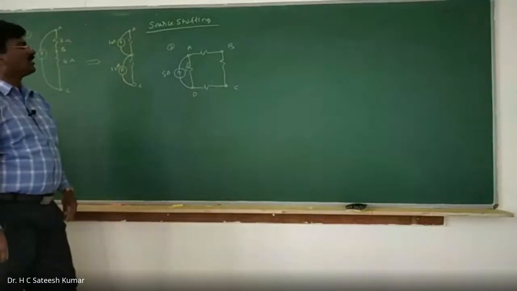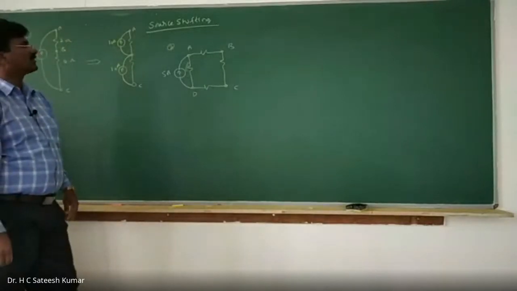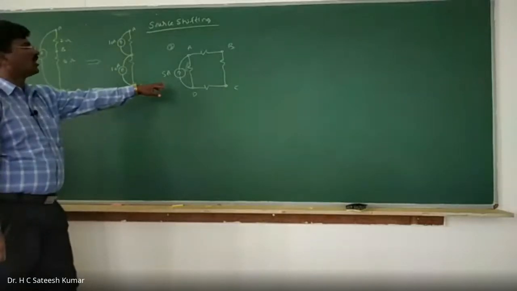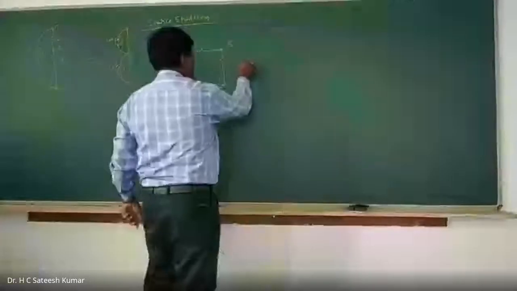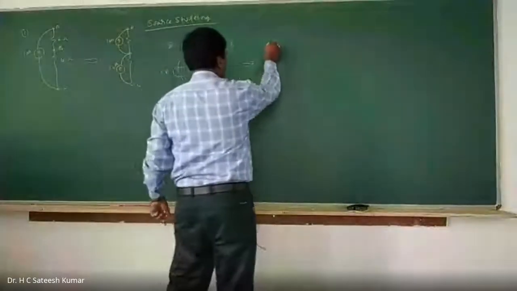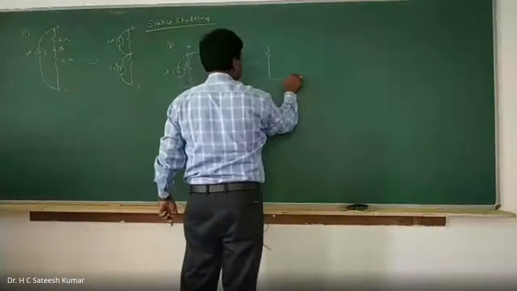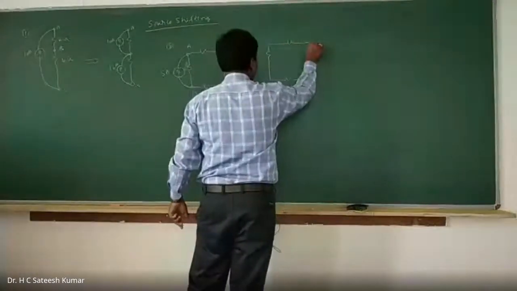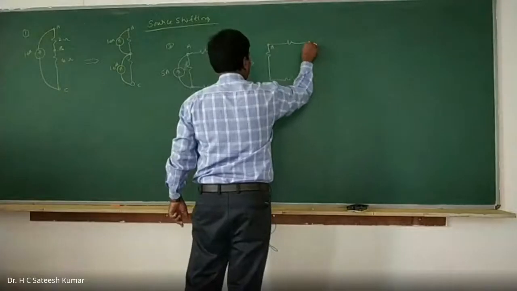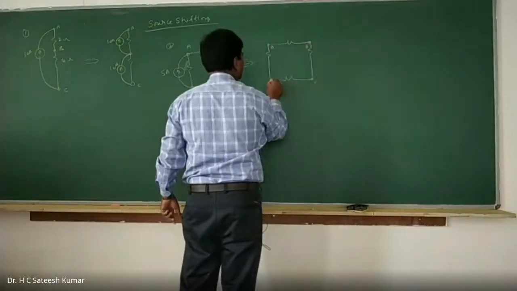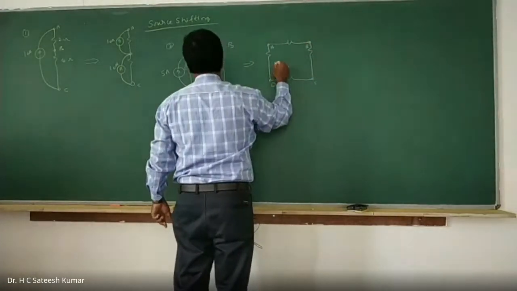Now I can modify this circuit in such a fashion that without disturbing the current source, and without disturbing the KCL, I can simplify it. How exactly can we do this? Now what we have is one resistance, one more resistance. Write the resistances as they are. A, B, C, D.